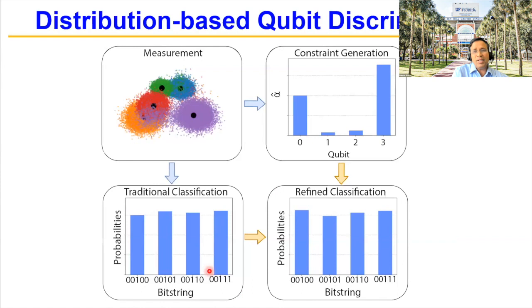When you talk about multiple qubits, then we have a scalable solution. So we can generate constraints, and then we can use the traditional classification that people are doing. If we merge constraints and traditional classification, then the quality of result is going to be significantly better than traditional classification. The act of constraint generation for different qubits actually helps significantly.